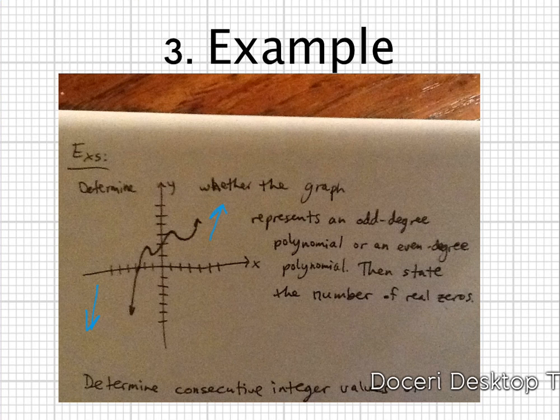Since we're going different directions on the ends, we know it's going to be odd. Okay? And then we just need to figure out how many real zeros there are. Well, I only cross the x-axis once at that point right there. So there is one real zero. And that's all there is for that question.